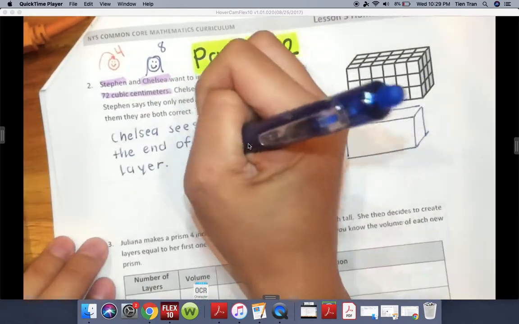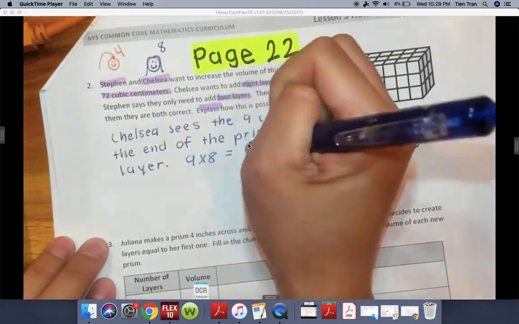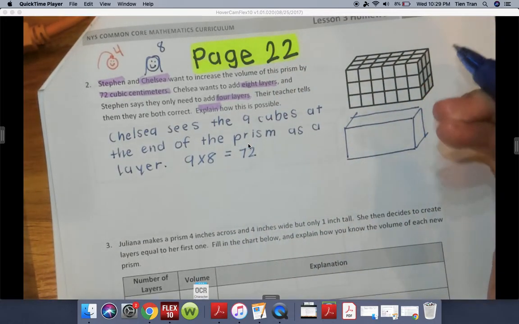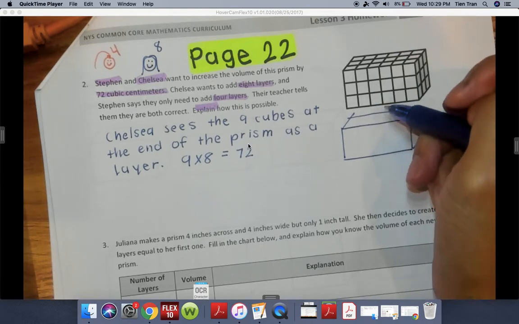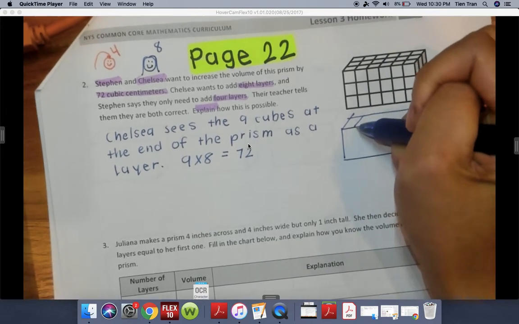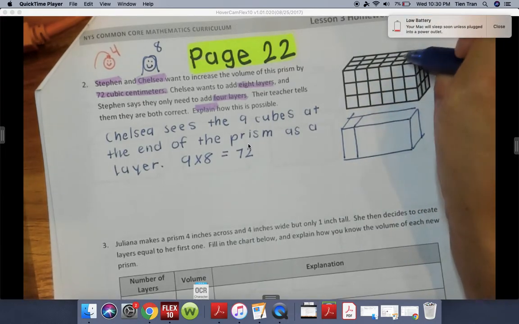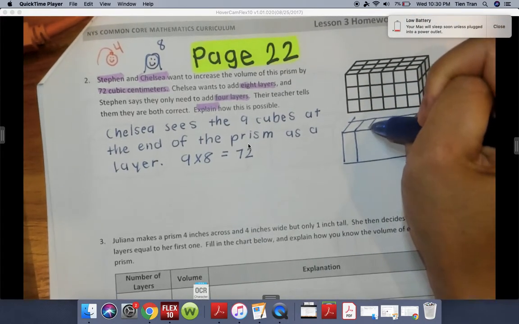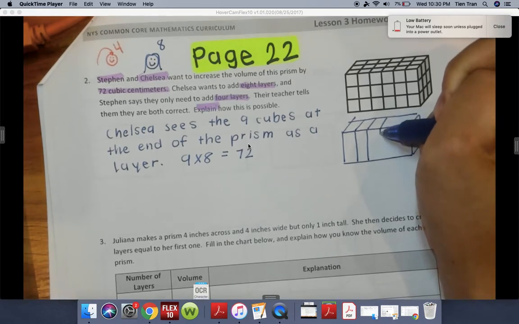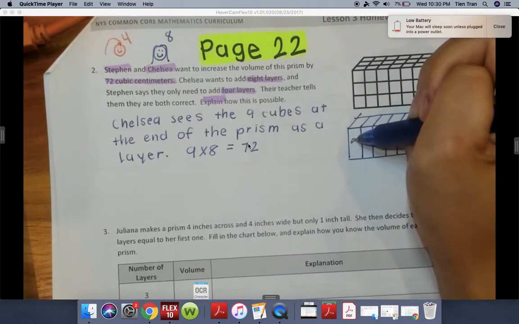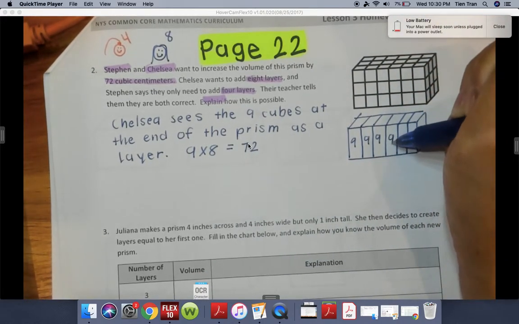So she sees 9 times 8 is equal to 72. So I'm going to make sure I draw all of her layers. Okay, so there's 1, 2, 3, 4, 5, 6, 1, 2, 3, 4, 5, 6. There's 9 in each one.